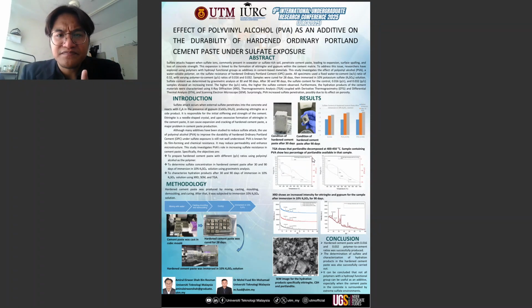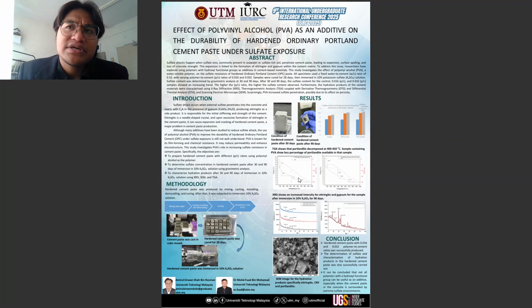So what happens is, we see that for the sample without PVA, the Portlandite mass percentage is much greater, much bigger than in the hardened cement paste with PVA. It means that the hardened cement paste that has PVA has less Portlandite.